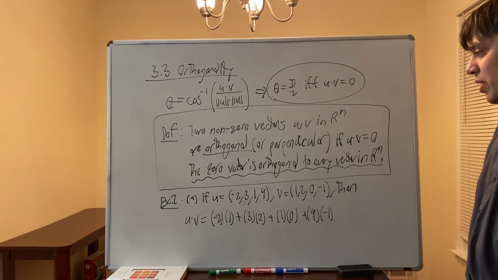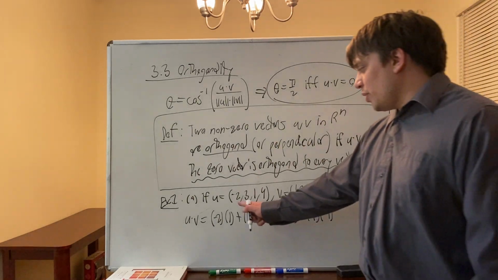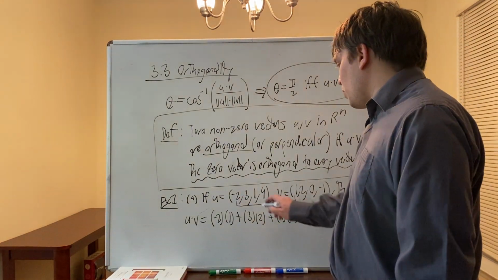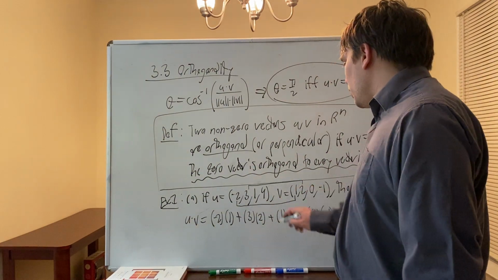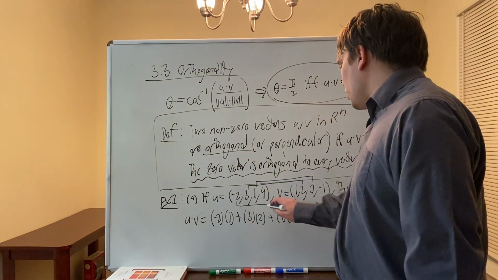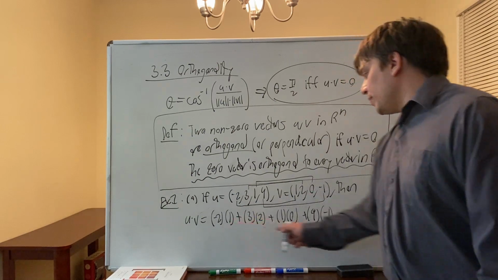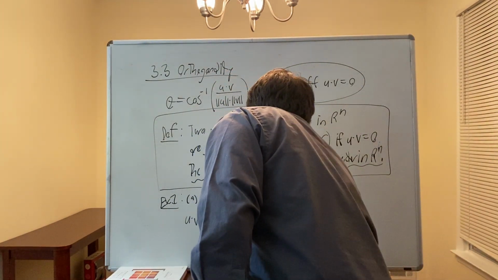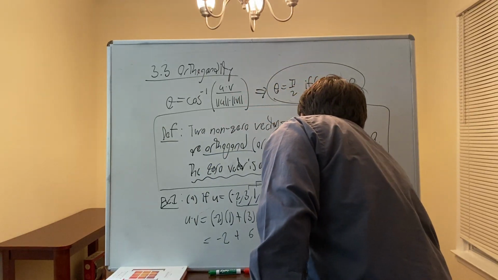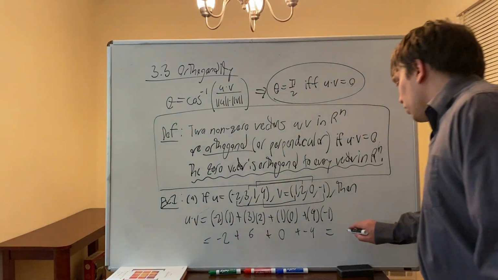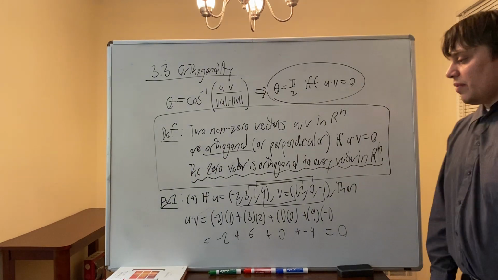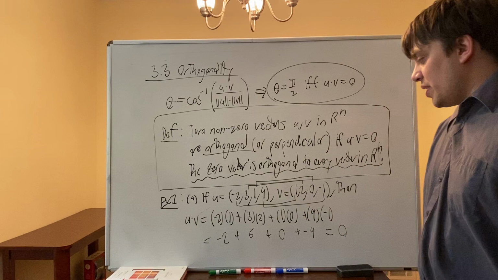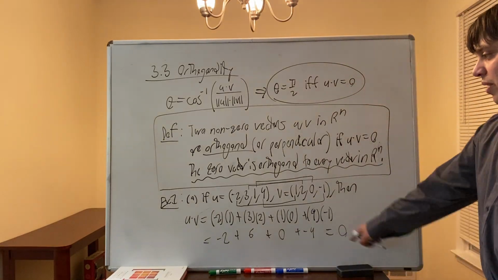We're just finding the dot product between the two vectors u and v, multiplying the corresponding components. So -2 times 1 plus 3 times 2 plus 1 times 0 plus 4 times -1 is -2 plus 6 plus 0 plus -4. -2 plus -4 is -6, plus 6 is 0. So u dot v is 0.